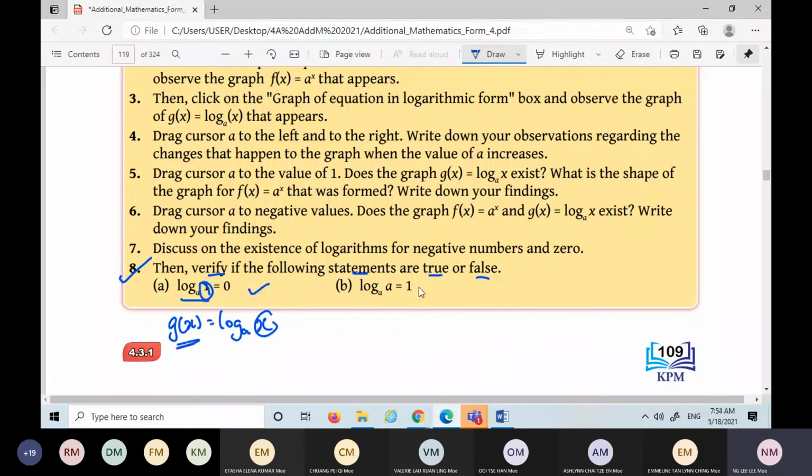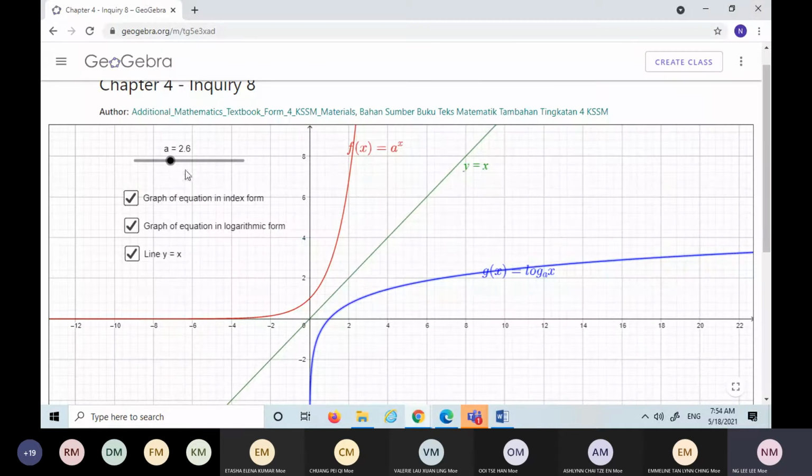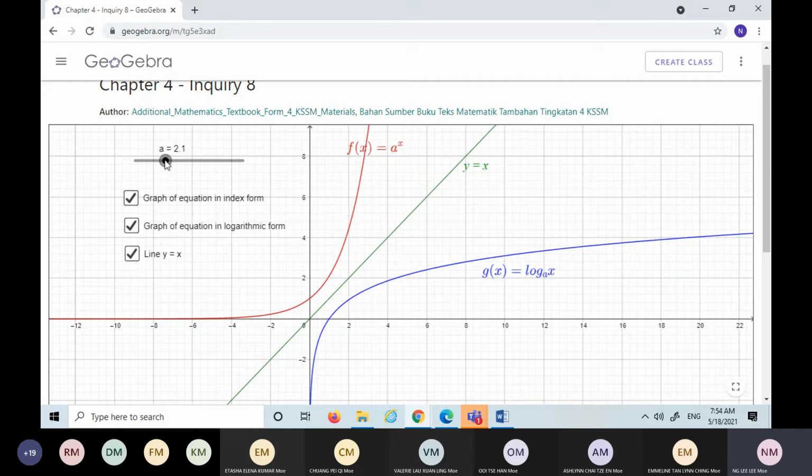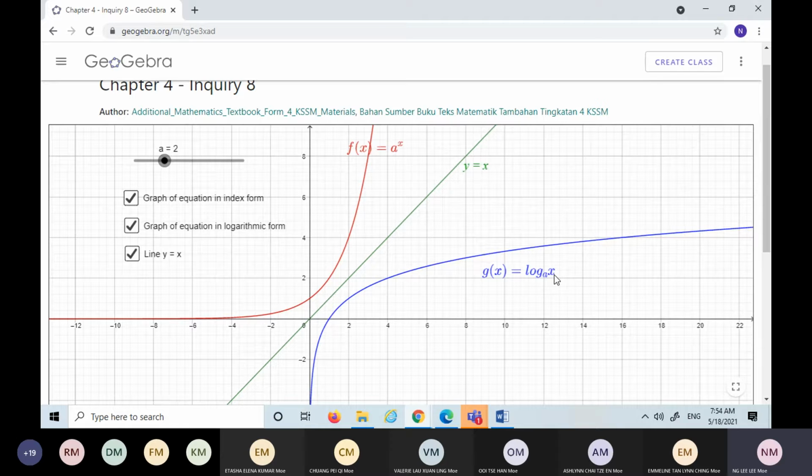This is true. How about log_a a? If you compare to this, now the x is the a. If here the a is 2.6, let's say I don't want 2.6, it's a bit difficult. Maybe I put 2. Now a is 2, so I'm looking at x is 2. When a is 2 and x is 2, you look at the y value.